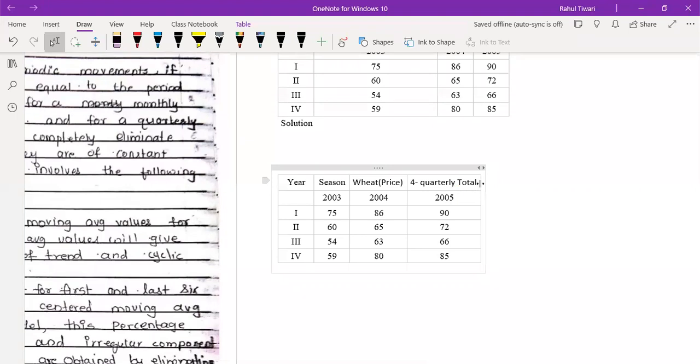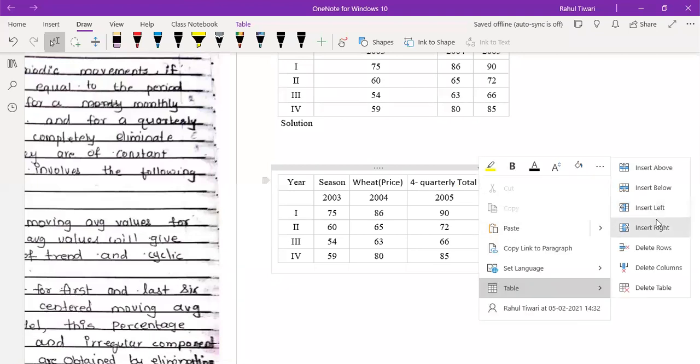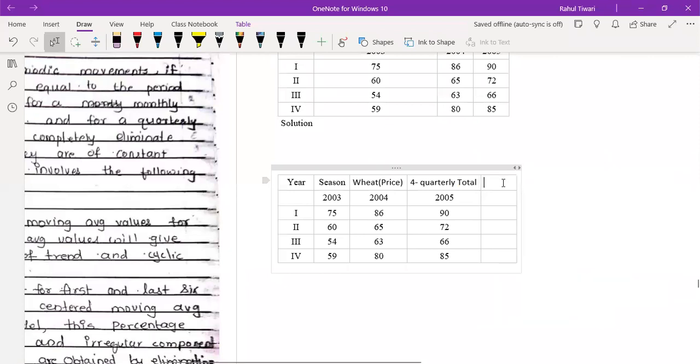You can use the short form, or you may write the full form: quarterly moving average.